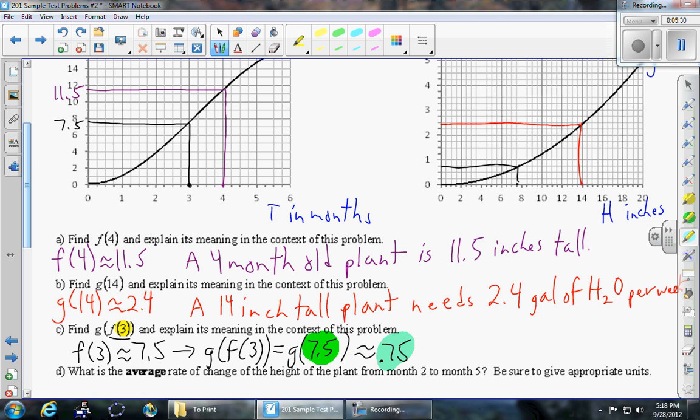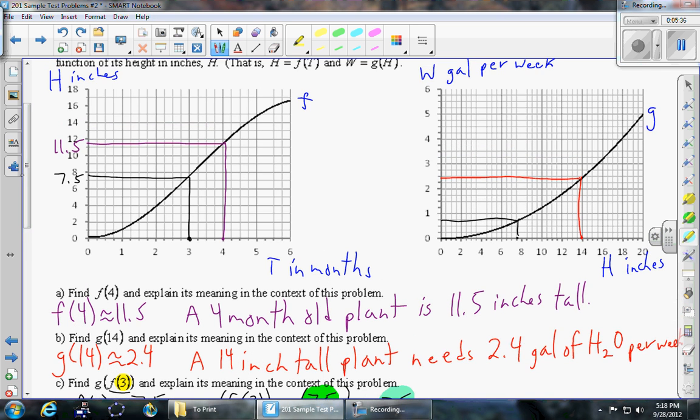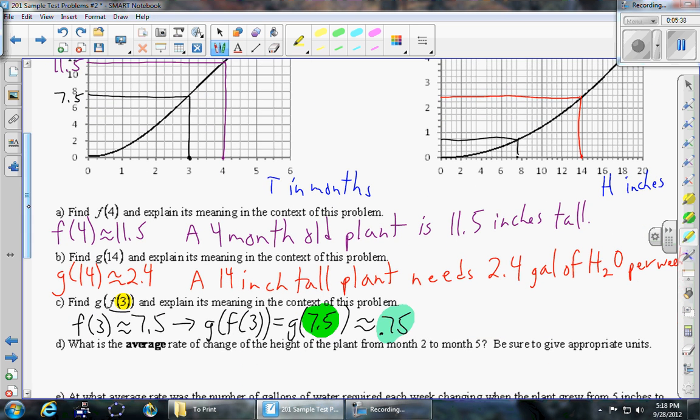So we have a 3-month-old plant. That went to the number 7.5 in green. And 7.5 was the height. So a 3-month-old plant is 7.5 inches tall. That's the left-hand graph. And then we come to the right-hand graph. A plant that's 7.5 inches tall requires 0.75 gallons of water per week.